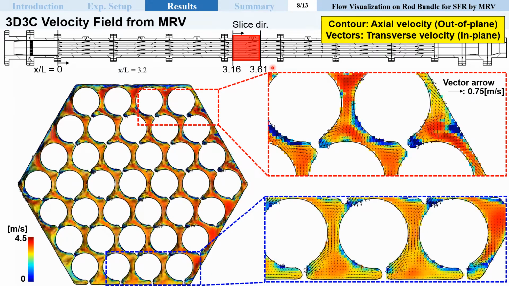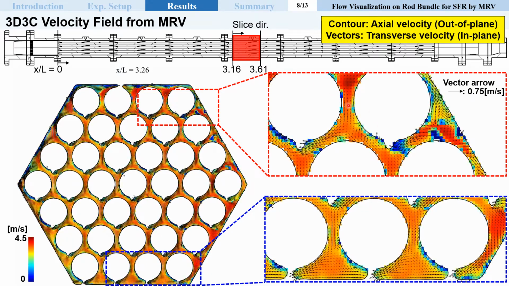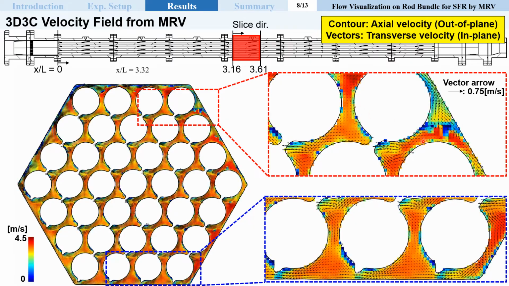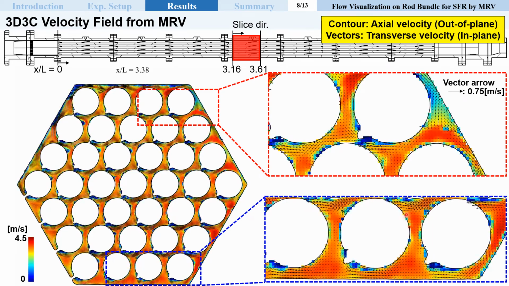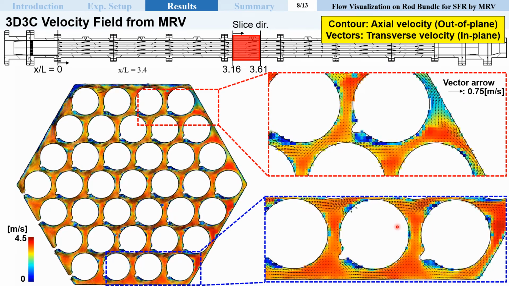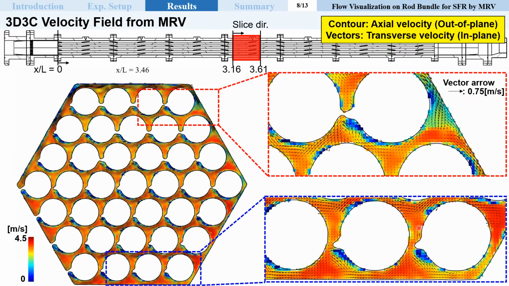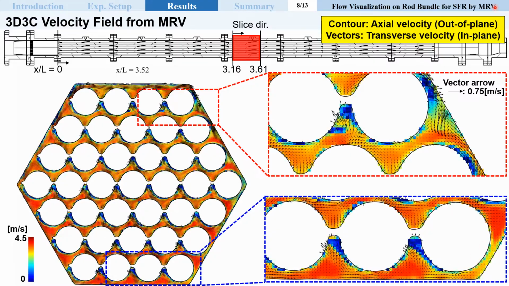You can see that 4 to 5 vectors exist even in a narrow passage of about 1 millimeter. And as the wire rotates, a vortex is created near the wire it passes through. But depending on the direction of the wire and surrounding space, the surrounding flow pattern changes.